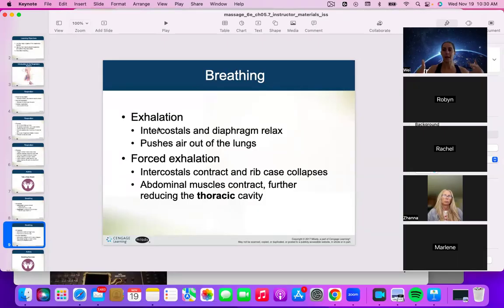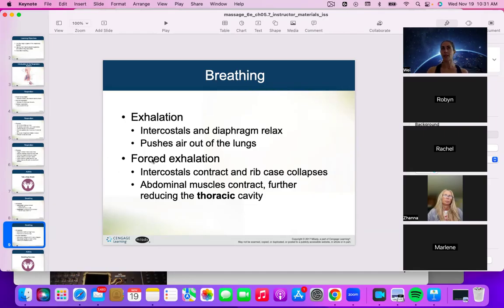Now, as we exhale, what happens is relaxation. The intercostal muscles are going to relax. And the diaphragm that's been contracted, pushed down, is also going to relax. So diaphragm relaxes, the lungs relax.